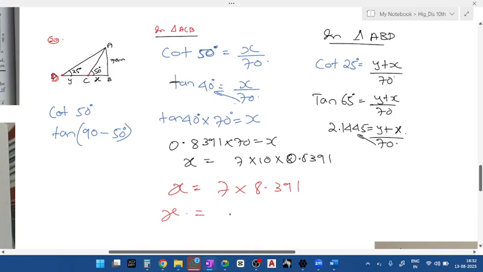Yes, Mariana, what's the answer for x? What did you get? 1.7. Why do you want to tell the answer, getting tired?